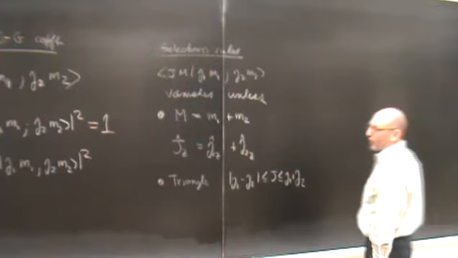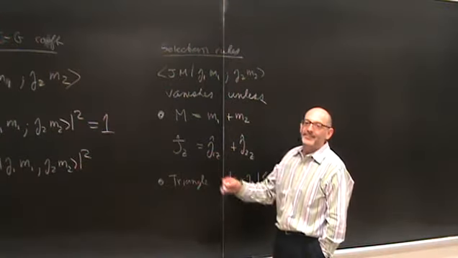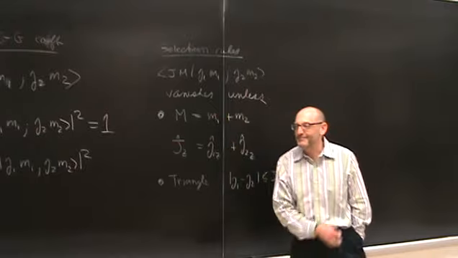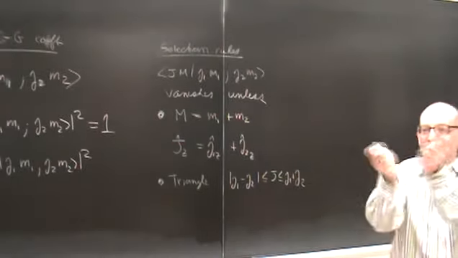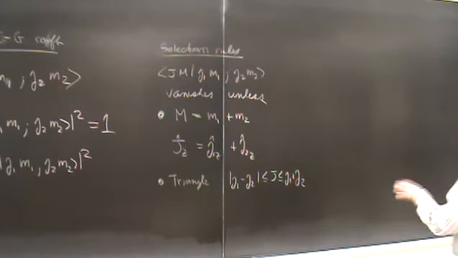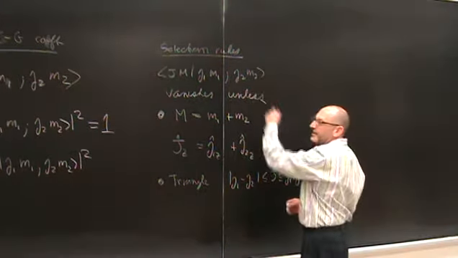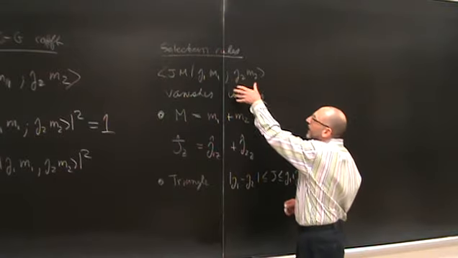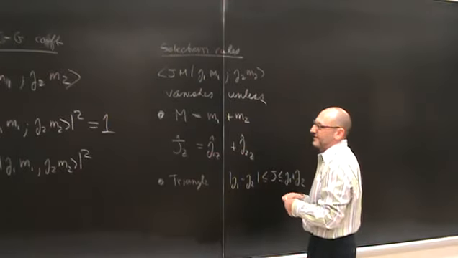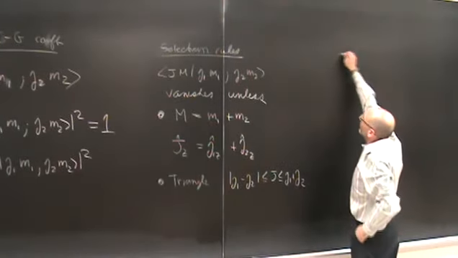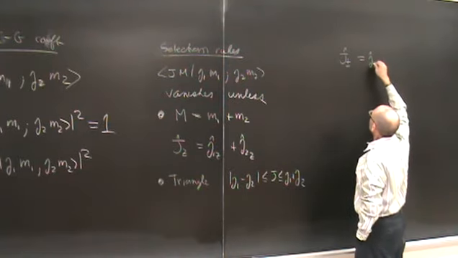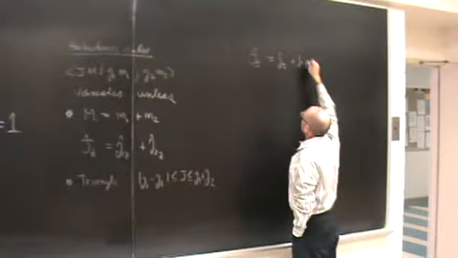In days of yore, one had to dig up Clebsch-Gordan coefficients in the particle data book, a little pamphlet I had in graduate school, or there's ways to get at these coefficients using recursion relations, using the fact that, for example, J plus and minus is the sum of J plus and minus for each of these guys, right?